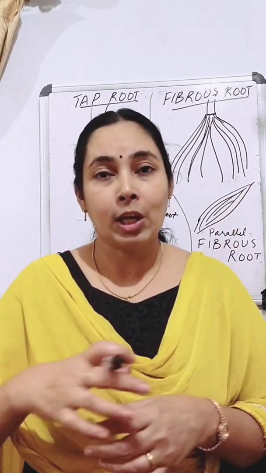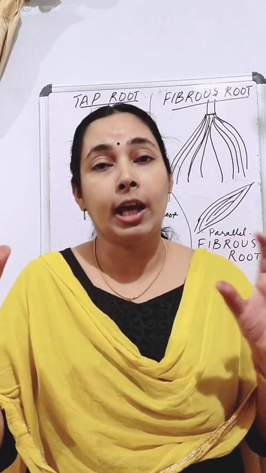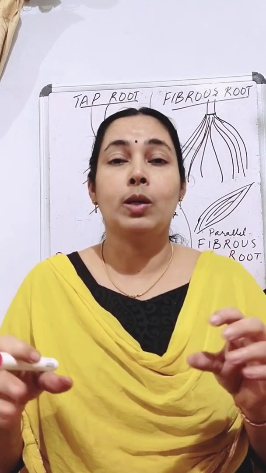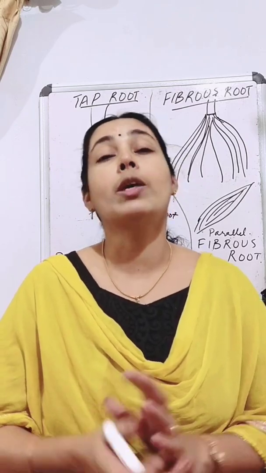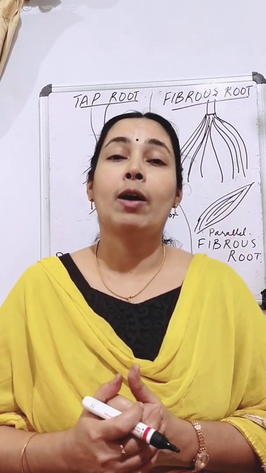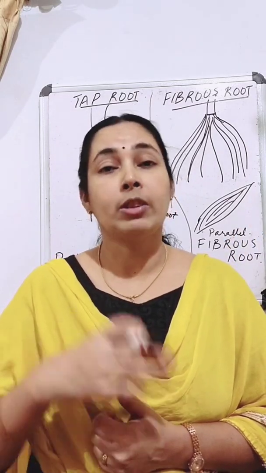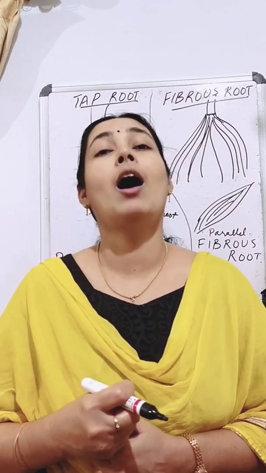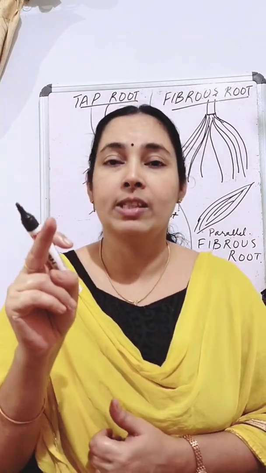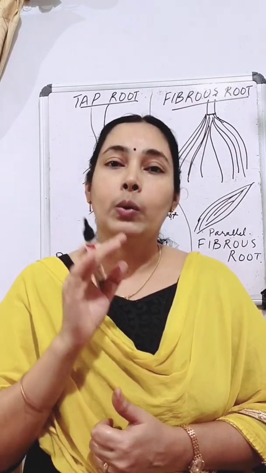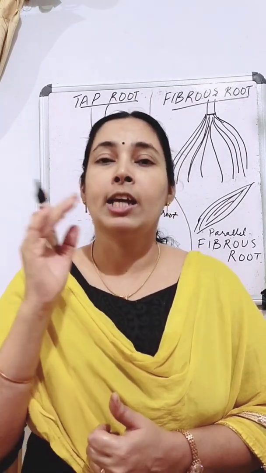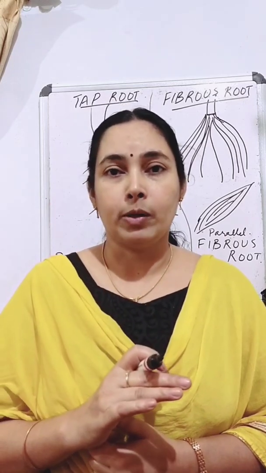It is difficult to pluck out a coconut tree and observe its root and say whether it is taproot or fibrous root. So how can you say what is the type of root in a coconut tree without pulling it out? You can look at the leaves. By looking at the venation of the leaves, you can say whether it is taproot or fibrous root.